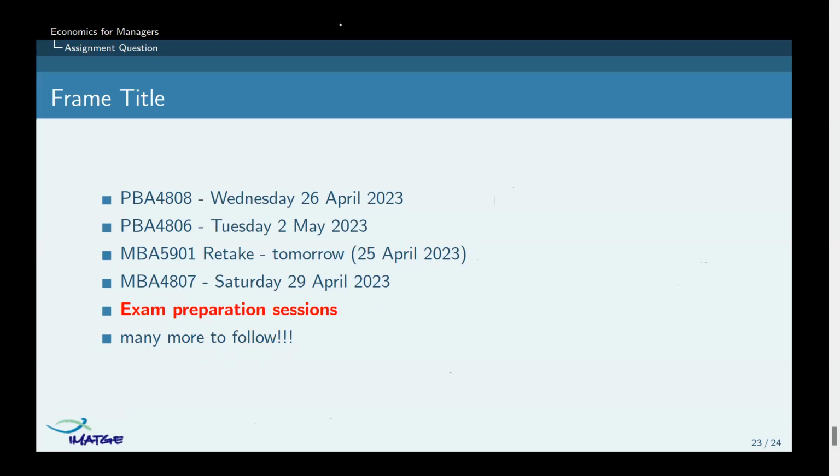Okay, there's a hand up. Hello, Dr. Wells, there is a question on the WhatsApp group about the in-depth classes and also the issue of exemption, given that a student has done economics for managers and also accounting for managers, and maybe the student wants to pursue an MBA, so that student is likely to be exempted for both economics and accounting for managers because they carry the same weight. So they want more clarity on that. Okay, that's very true.